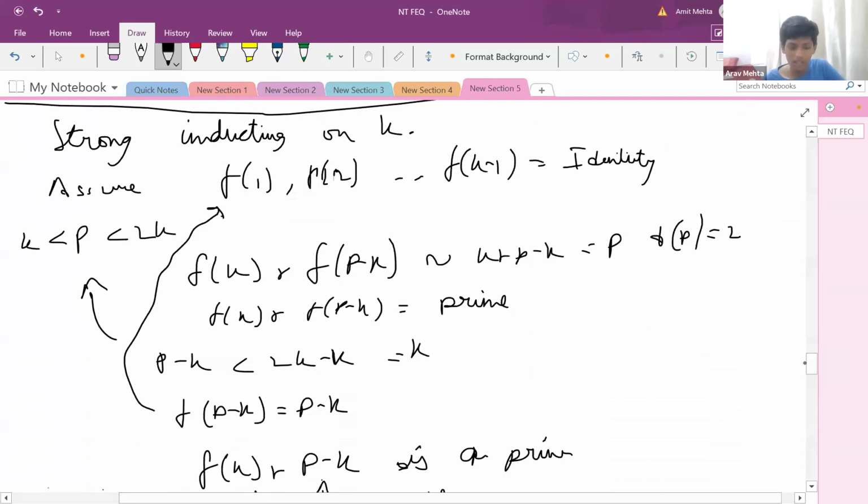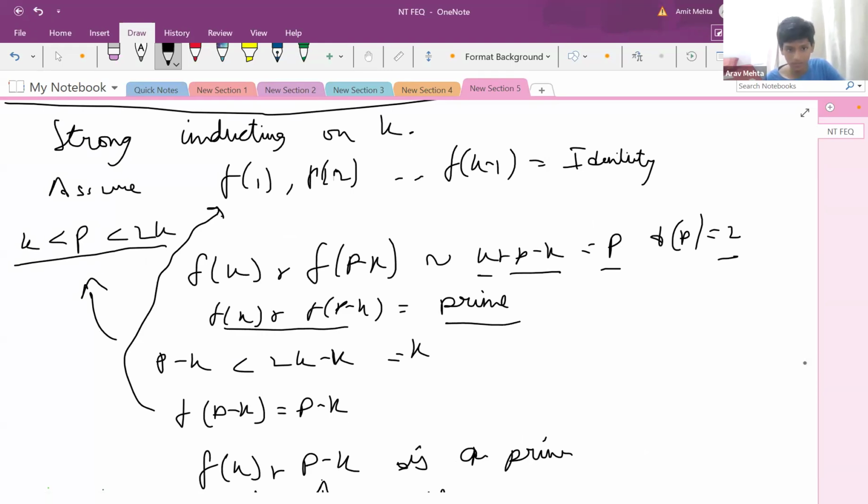Then we have that f of k plus f of p minus k, where we chose p to be between k and 2k, have the same number of divisors as k plus p minus k, which is p. The number of divisors of p is just 2. So all of this has no other choice than to be a prime. Since it has to be a prime, and we know that p minus k is less than 2k minus k, since p is less than 2k.